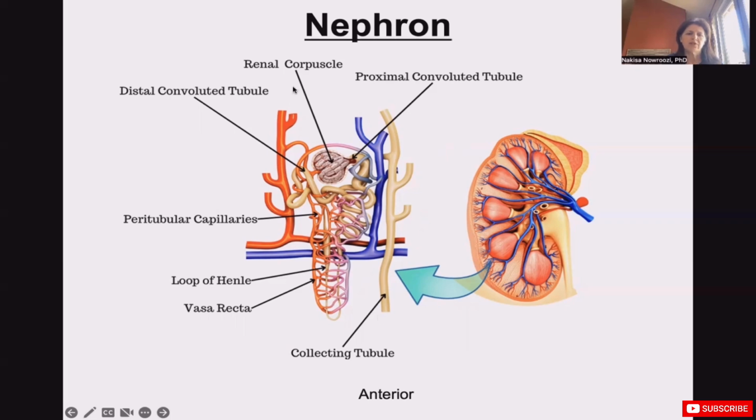So a nephron starts from renal corpuscle and ends before you get to the collecting tubule. So renal corpuscle, proximal convoluted tubule, loop of Henle, and distal convoluted tubule.